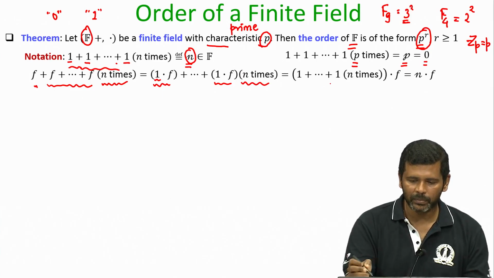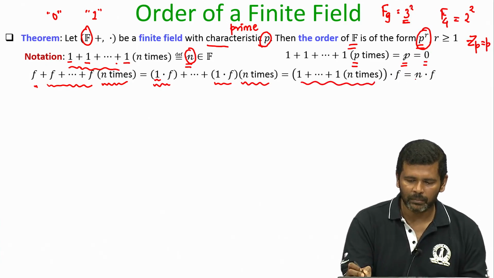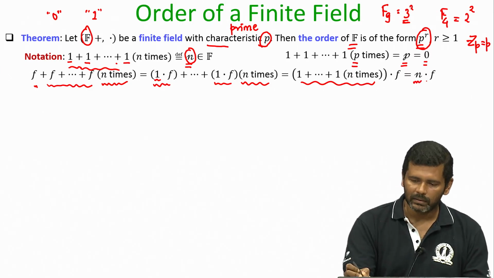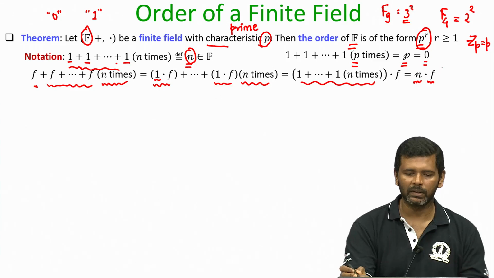Then I can distribute the plus over dot, and 1 added to itself n number of times, as per my notation, is the special font n, which is an element from the field, and that element multiplied with f will be the overall result.